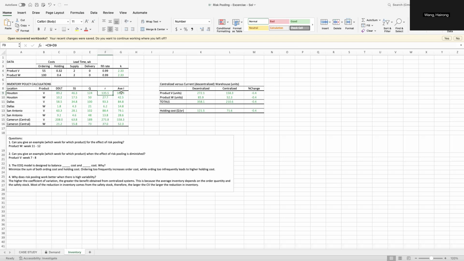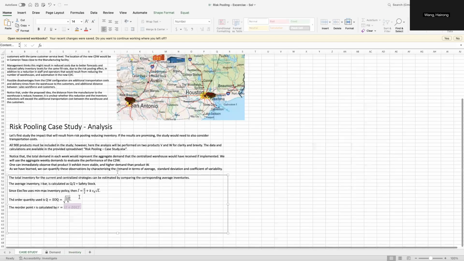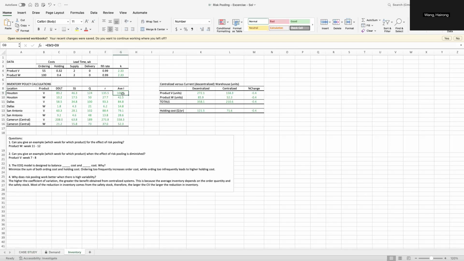And finally, we have all the information we need to calculate the average inventory. The average inventory can be calculated as Q over 2 plus safety stock, as we mentioned here. Therefore, for this part, we use Q, which we already calculated, over 2 plus safety stock here.